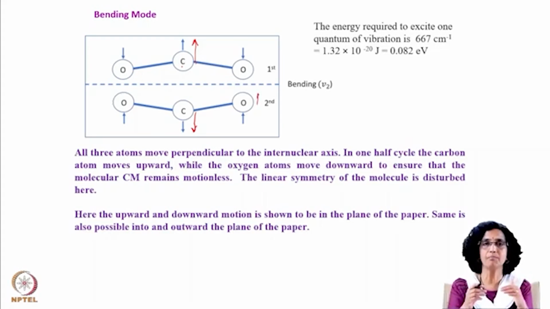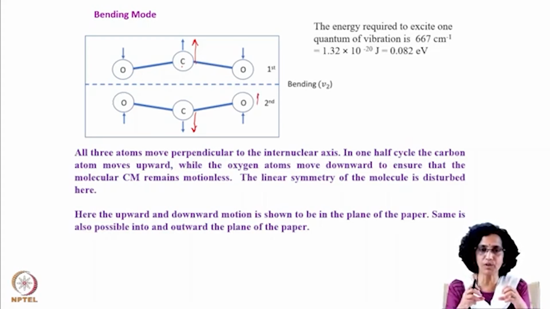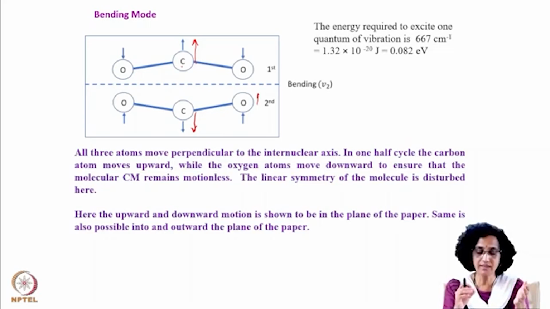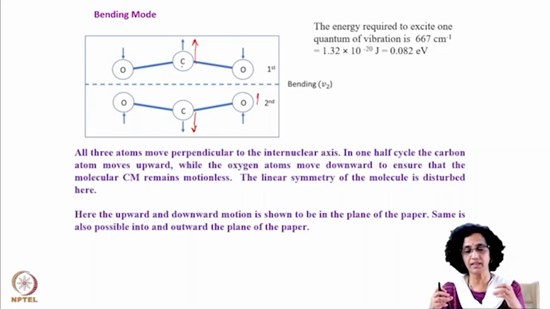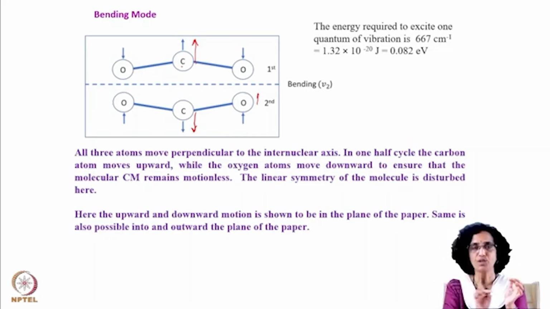In this bending motion, you can see that the linearity of the molecule is changing, right? Your carbon atom is moving up and down, and the oxygen atoms also go in tandem in the reverse direction so as to maintain the center of mass at the same location.